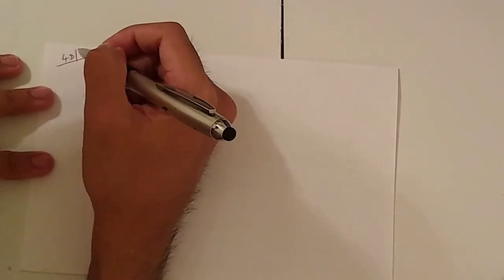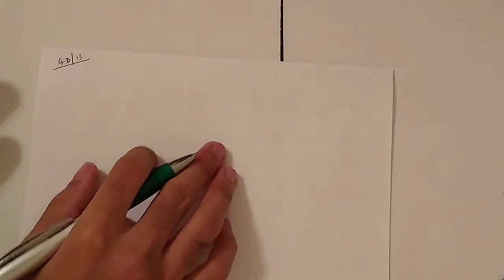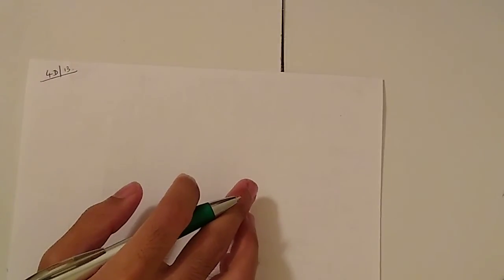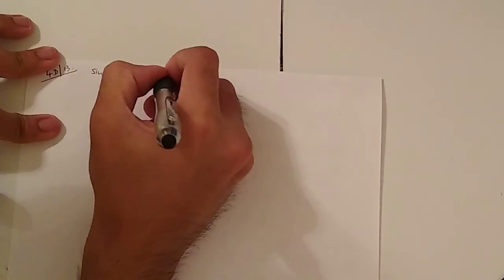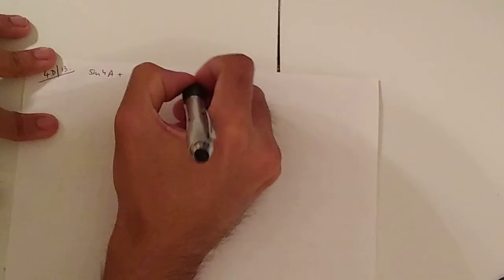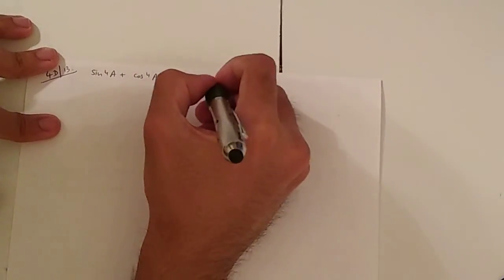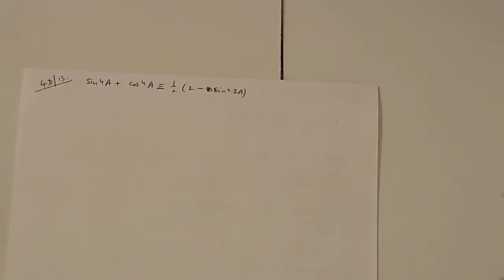Okay, now let's consider another example. In this example, from the same exercise for D, we'll be solving question number 13. In this question they're asking us to use the identity sine square a plus cos square a equals 1 to prove that sine raised to 4a plus cos raised to 4a is equivalent to half into 2 minus sine square 2a.